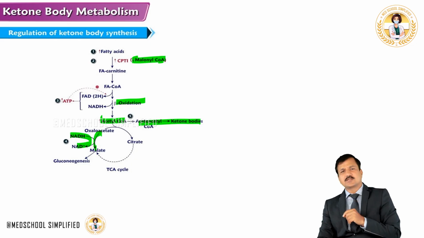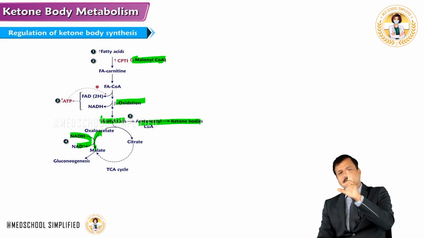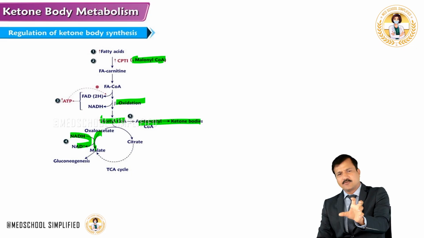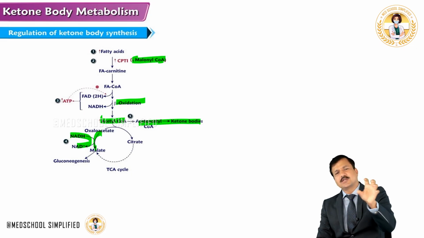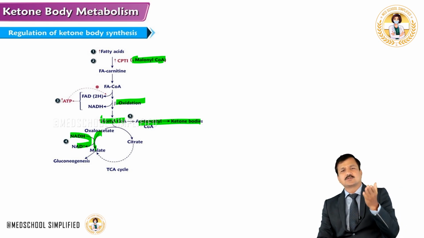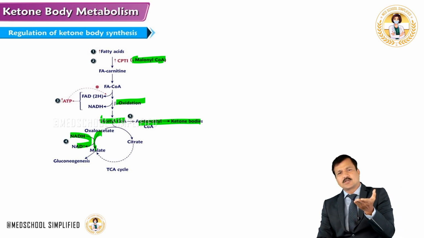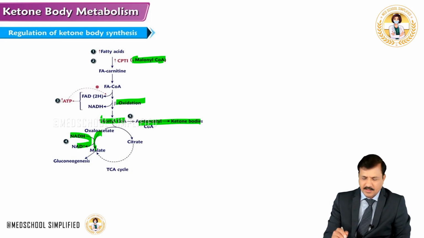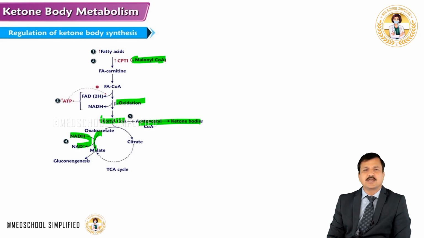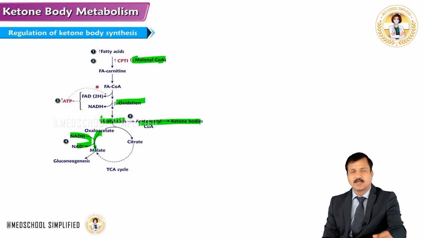The reason for the increase in acetyl-CoA levels is because the TCA cycle is not going on efficiently, because of a lack of oxaloacetate here. And why the lack of oxaloacetate? Oxaloacetate is all diverted into malate, which is going towards gluconeogenesis. So in the absence or lack of oxaloacetate, acetyl-CoA simply builds up instead of going into the TCA cycle to make citrate. So acetyl-CoA is diverted into acetoacetyl-CoA and later into ketone bodies, that is acetoacetate, β-hydroxybutyrate and acetone.